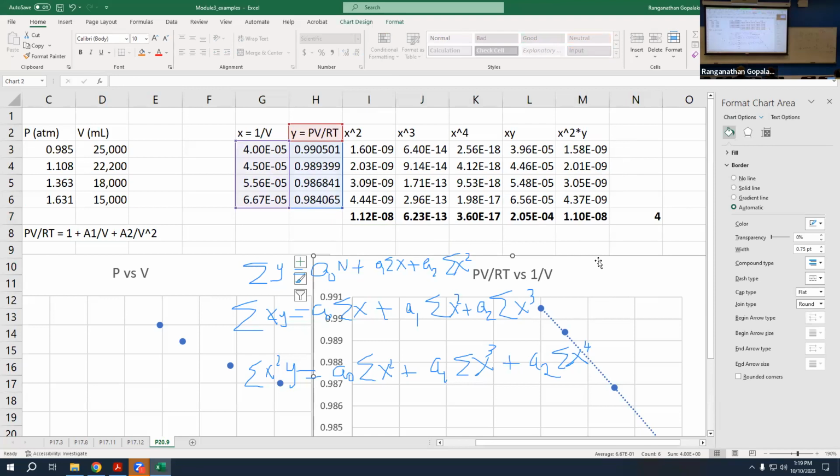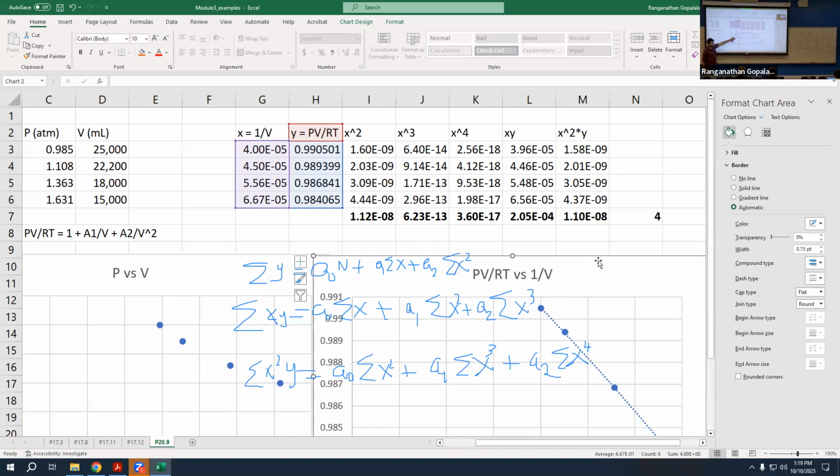In your exam, if you are able to use your MS Excel to correctly get the coefficients without going through these steps, I'm actually okay. Because most of the time, we try to design the questions such that the trick is here and not here.